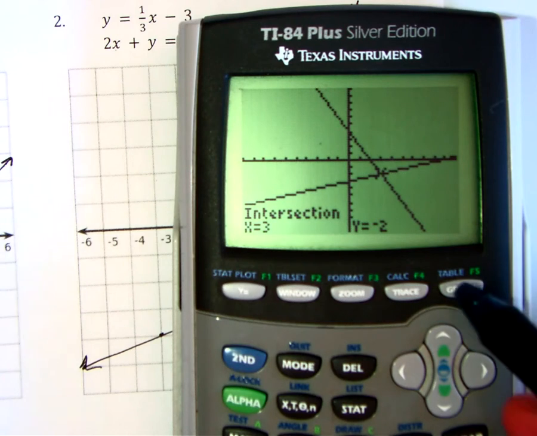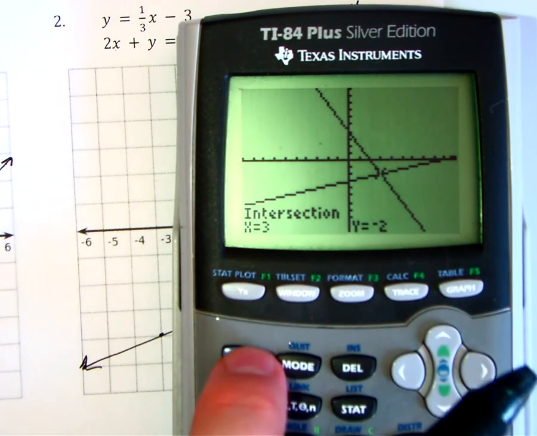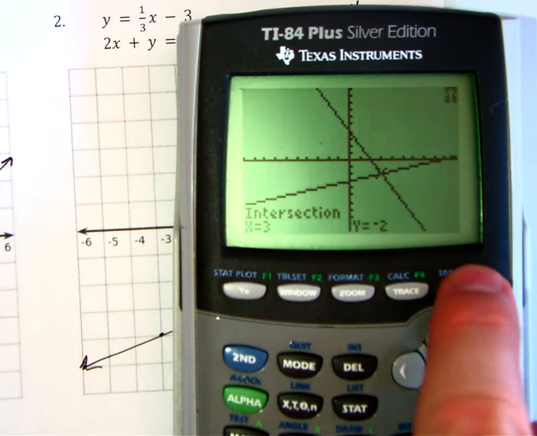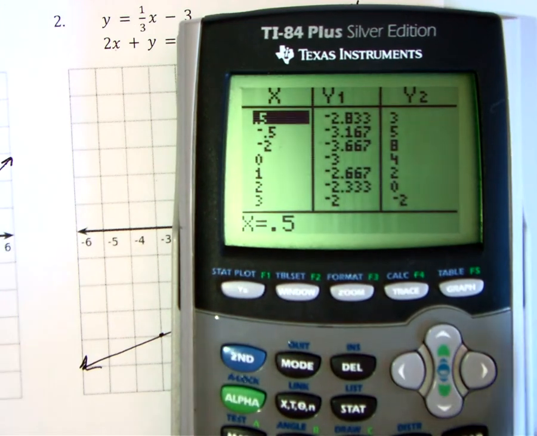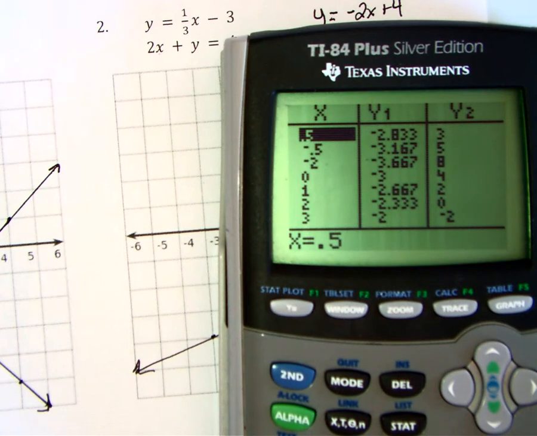Now, again, I see the graph button and the table button. The table is in purple, so I'm going to press the purple second graph. That will allow me to access the table. You saw a problem like this the other day on your quiz review, looking for the point of intersection. Now, the point of intersection is where my x has the same y values.